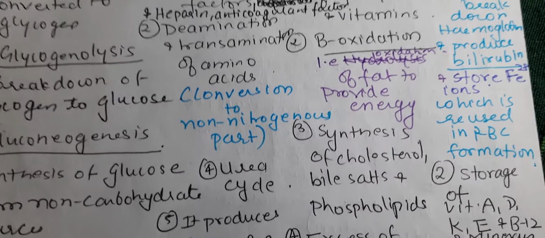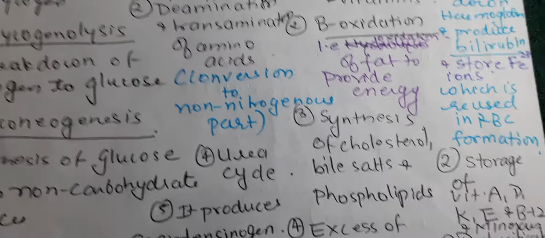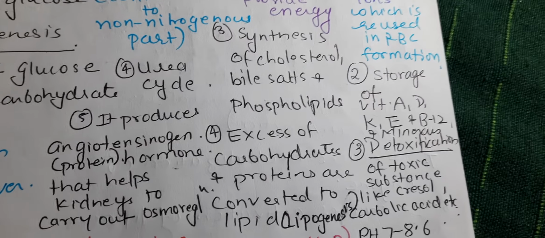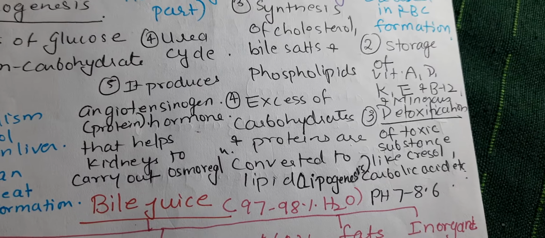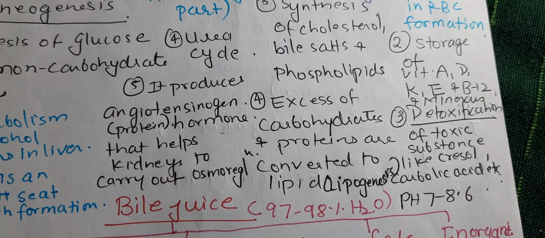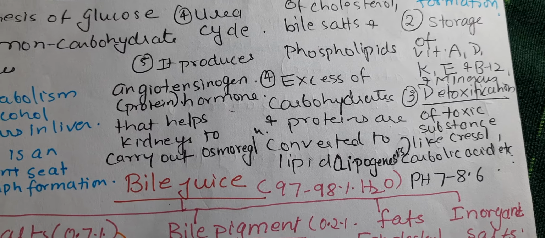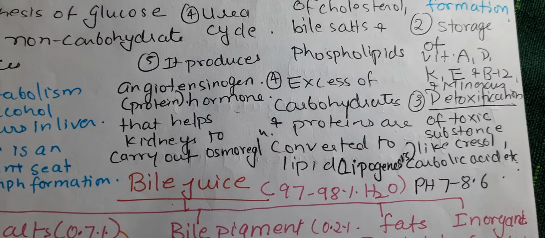So conversion of amino acid to the non-nitrogen part. Then the urea cycle also operates in the liver, and it produces angiotensinogen, a protein hormone which helps the kidney to carry out osmoregulation.